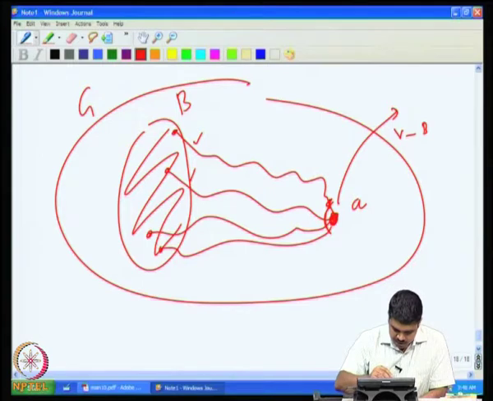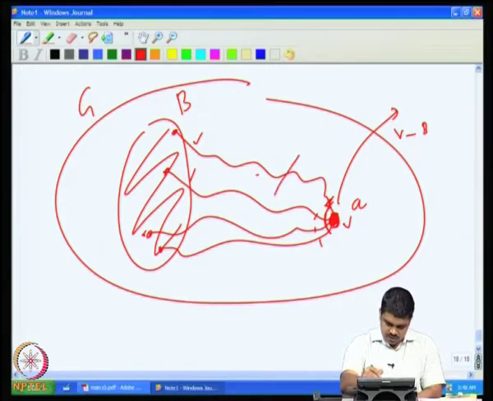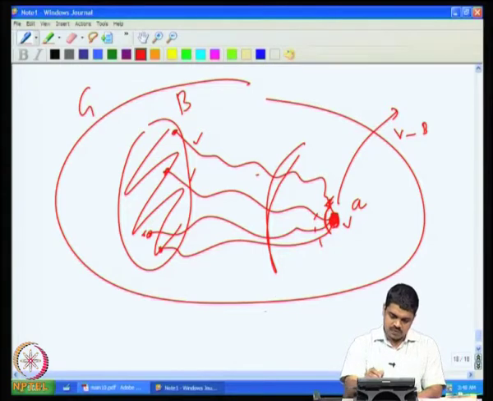These should reach B at different points, and they should all be disjoint except for the vertex A, where they start. This kind of structure is called an AB fan.